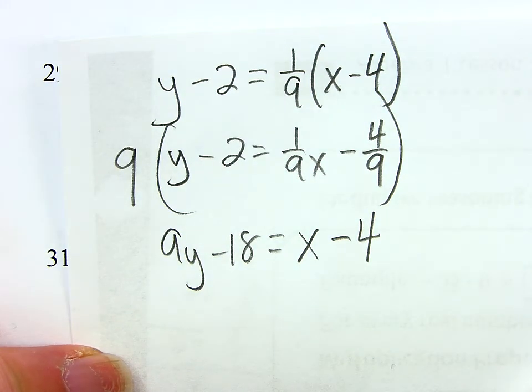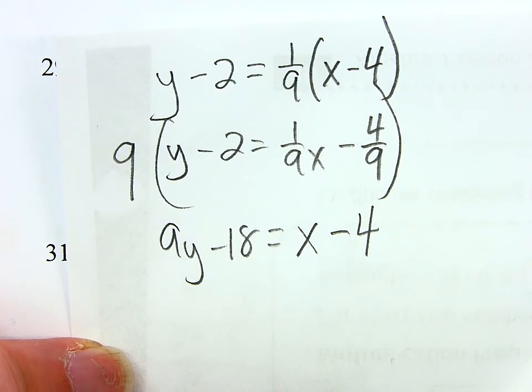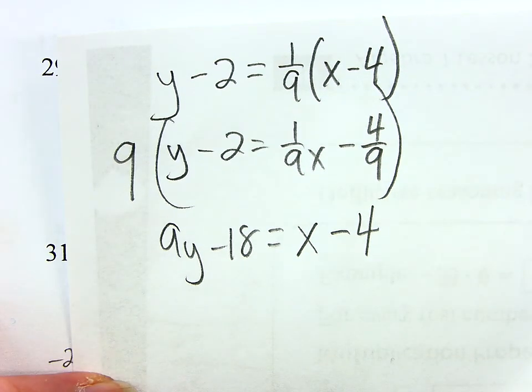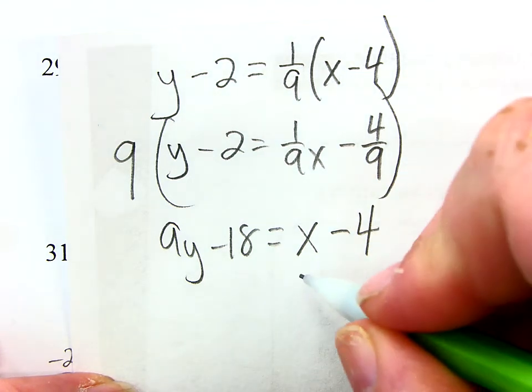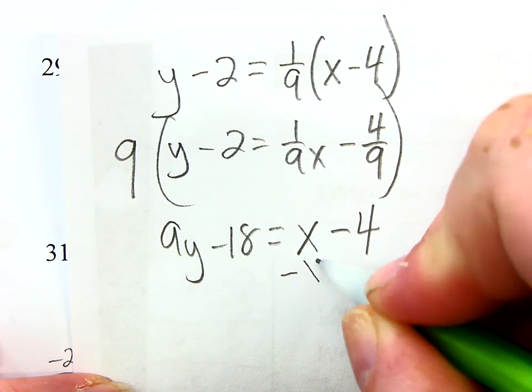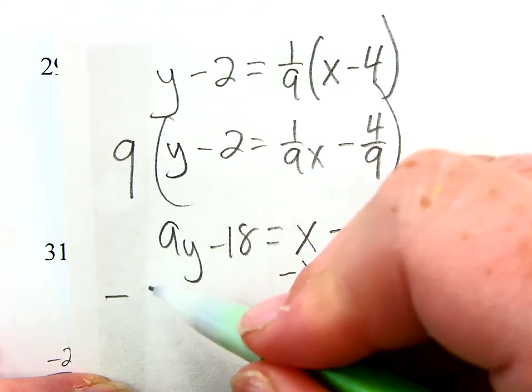Did you? Oh, good. And now I'm almost there. I end up in standard form. You might now do what? You'd add the 18, sorry. I'm going to do them both at once.